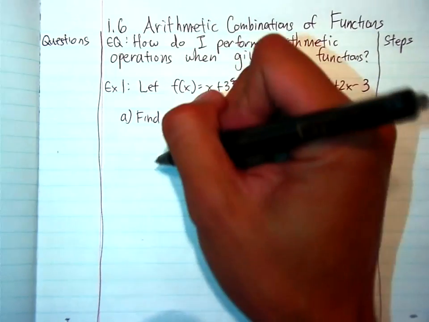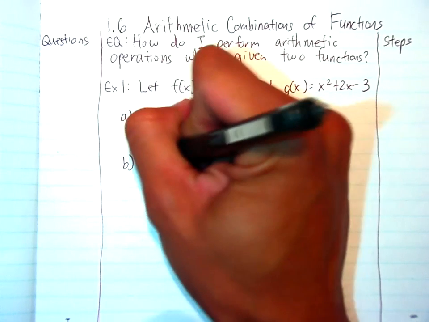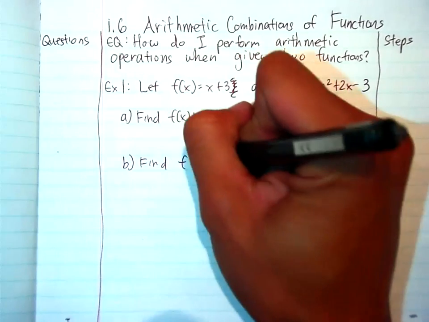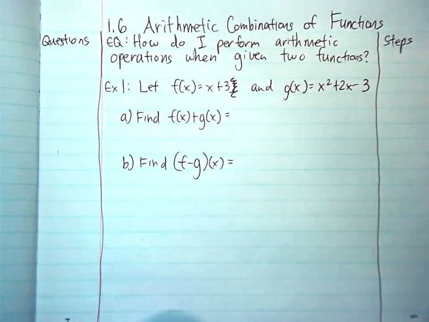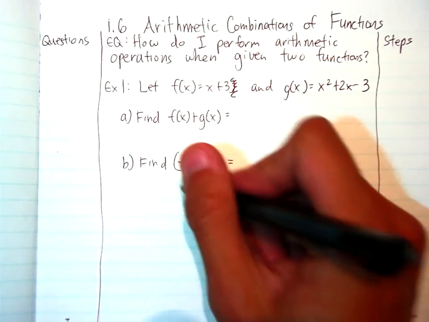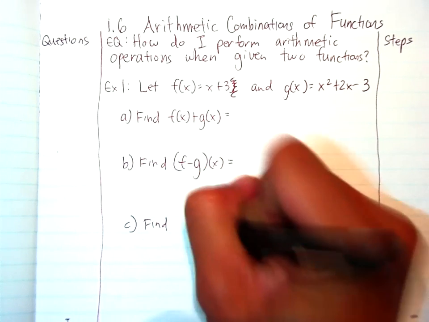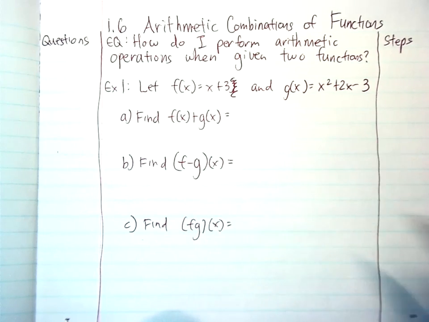Part B, we are going to find, and I'll write it in a different notation just to mix it up, f minus g of x. F of x minus g of x. And then part C, we are going to find f of x times g of x.